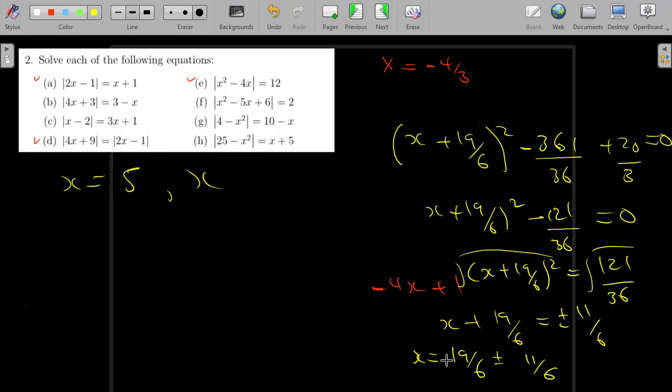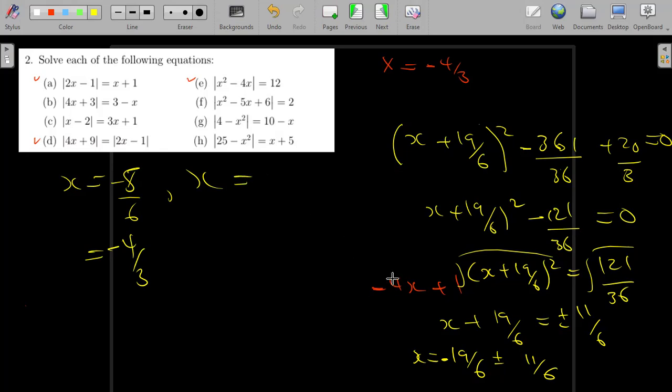Oh, this has to be minus here. When you take it to the other side, this becomes negative. So that will be negative 19 plus 11, which gives you negative 8 over 6, and this simplifies to negative 4 over 3, which is that first value there, which we found.